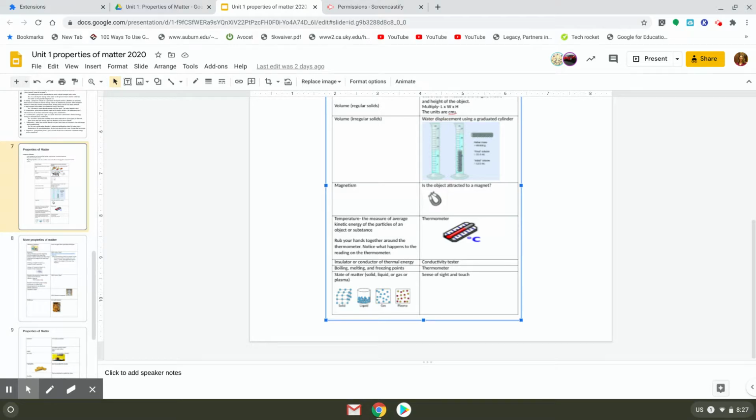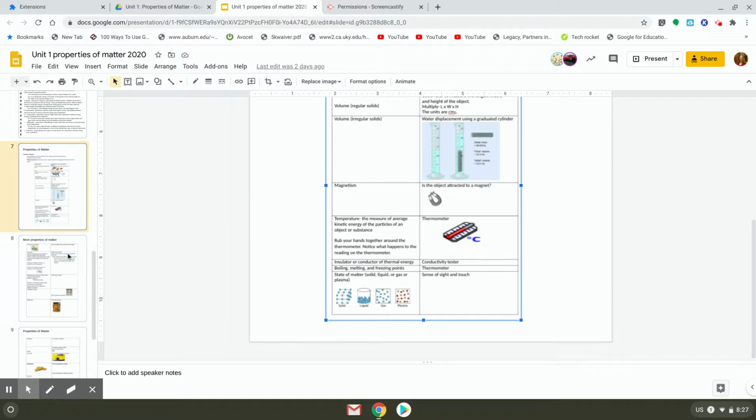Physical properties include things like temperature, state of matter, whether it's magnetic, whether it's a good conductor. Those crazy words like ductile and malleability, which just means you're able to shape those things into other things. Okay, ductile means you can shape them into a long wire. Malleable means you can pound it into a flat substance. Most of those things are metals that can do that, right?